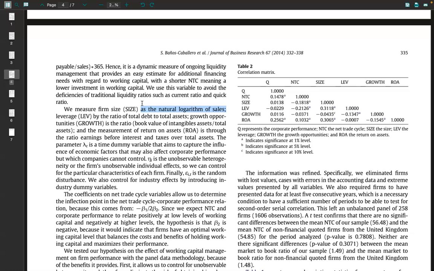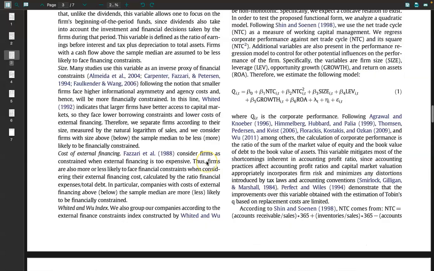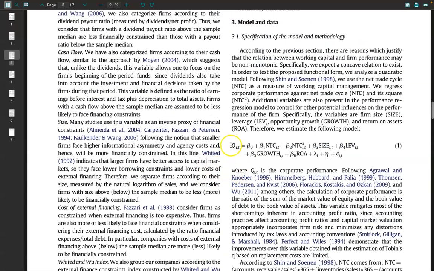And also they have a time dummy variable, and also the unobservable heterogeneity can be measured as well. And the last one is the error, which is the random disturbance. So we're going to work on this model right over here.